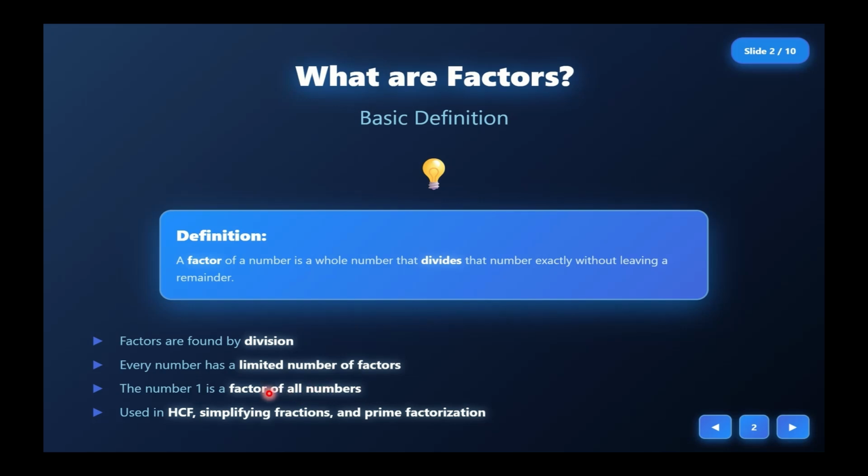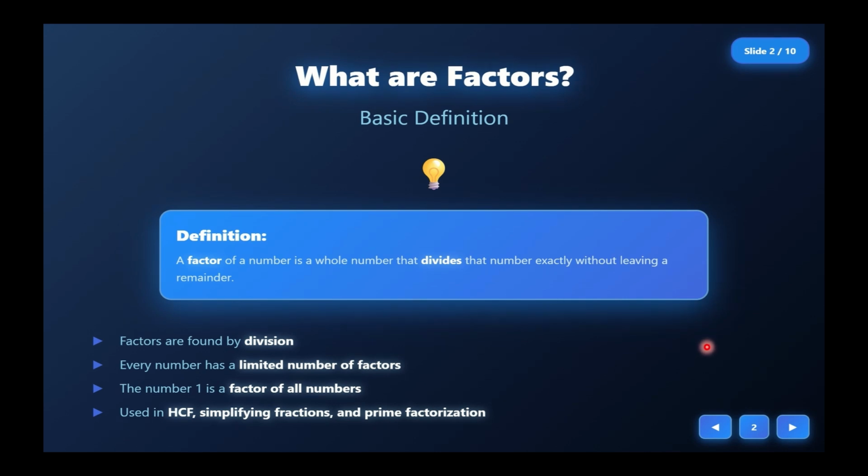Why? Because any number divided by 1 equals itself. And the fourth one, factors are super useful for things like finding the HCF, simplifying fractions, and prime factorization. All these things we will explore in our future videos.